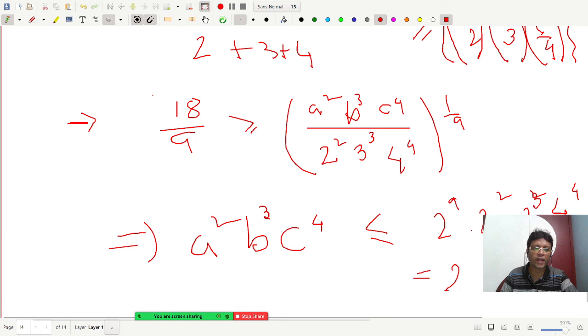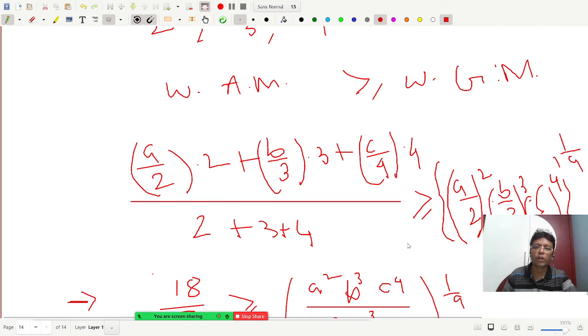If you simplify, that is equal to 2 to the power 19 into 3 cubed. So the maximum value of a squared b cubed c to the power 4 is 2 to the power 19 into 3 cubed.